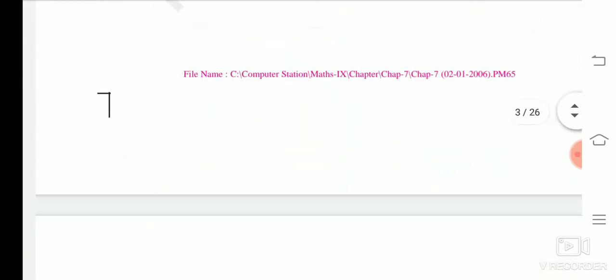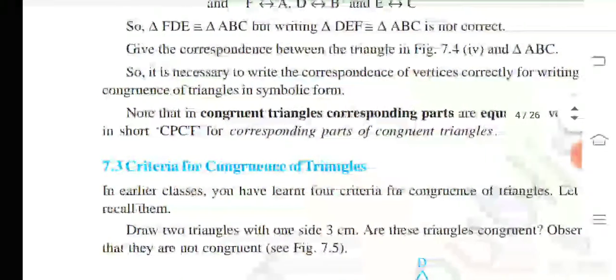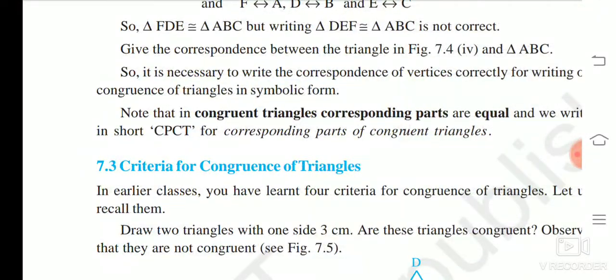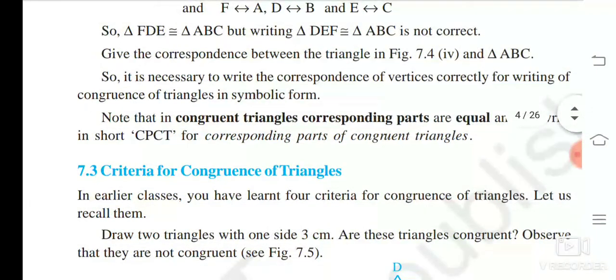Similarly, we can discuss the next also. This thing is given. So note that in congruent triangles, corresponding parts are equal, and we write in short CPCT, that is corresponding parts of congruent triangles. So here the first and second things are triangle ABC and triangle PQR. Both triangles are congruent. So we are given the sides of the triangle.